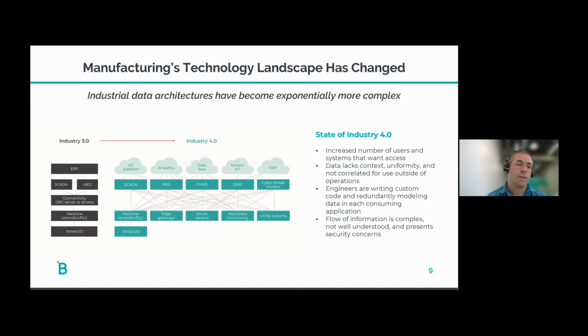But we're using all these cloud platforms and analytics, IoT, data lakes to provide this data access to these different job functions. As you can see, as we've evolved, this has been a project by project approach. And in many cases, each system made connections to the source data that it needed. And you see a lot of these one-to-one connections.